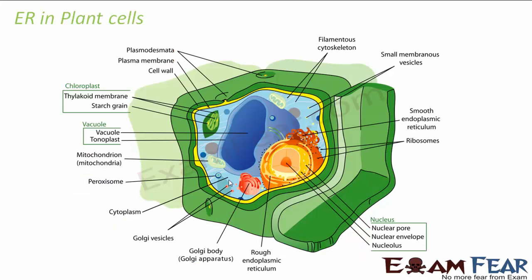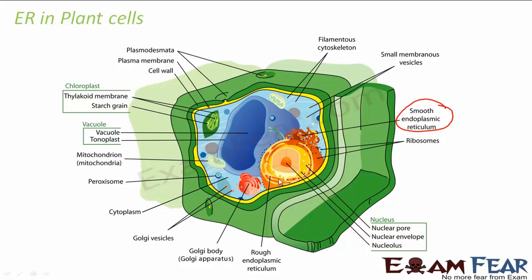Similarly, let us have a look at endoplasmic reticulum in plant cells. Where do you have it in the plant cell? Here you have the smooth endoplasmic reticulum, also somewhere near the nucleus, right? This is my nucleus, and this dark yellow colored structure is the nuclear membrane. Just outside the nucleus, somewhere you should have the rough endoplasmic reticulum.